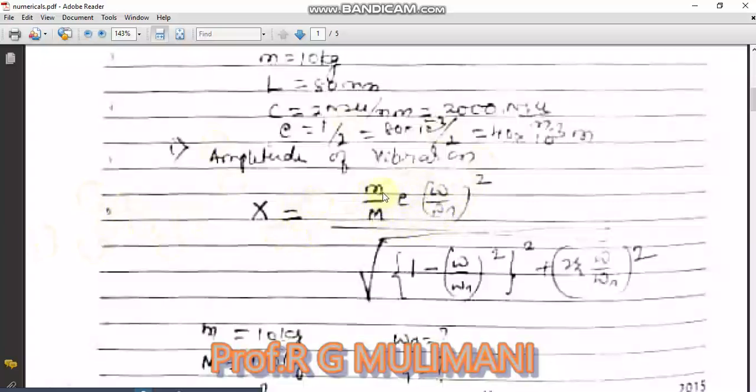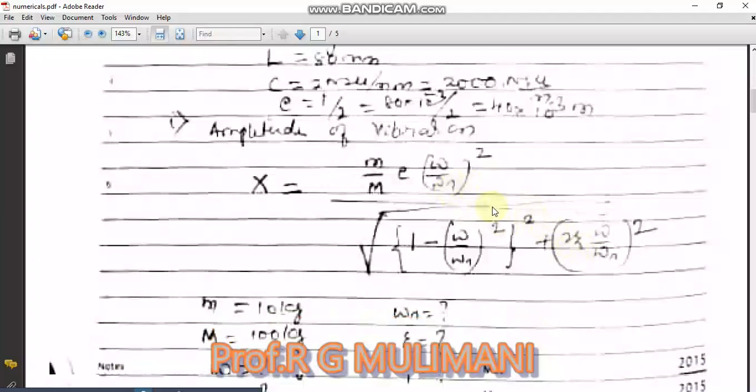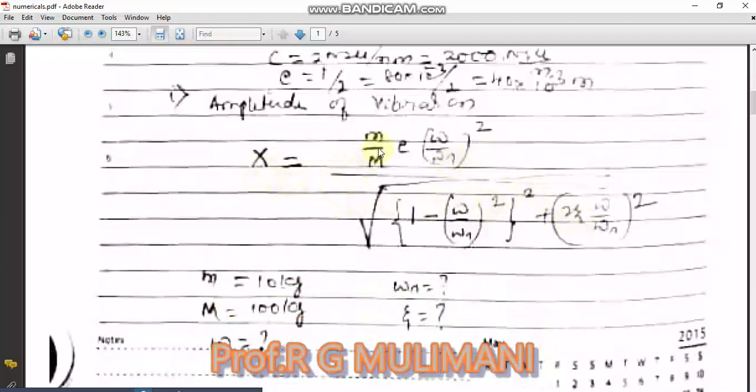Small m by capital M, where small m is the mass of the rotating part or the reciprocating part, M is the total mass of the machine, E is the eccentricity, omega is the frequency of the system, omega n is the natural frequency of the system, and zeta. So to find the amplitude you need small m, capital M, eccentricity, omega, omega n, and zeta value.